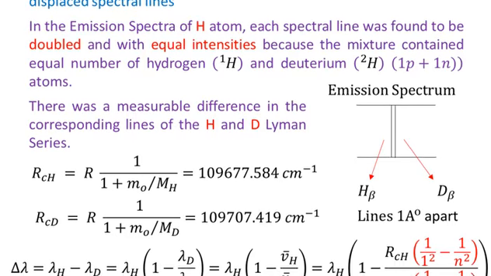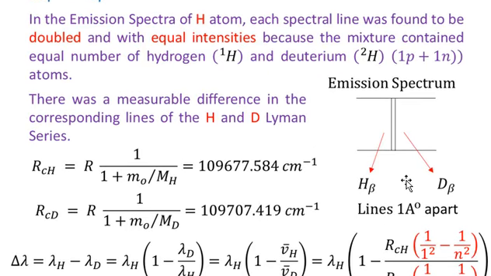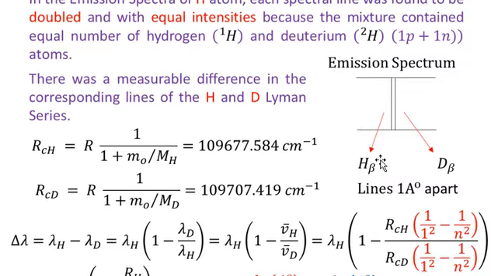So I am going to show you the emission spectrum of the first line of the Balmer series. H beta is actually the first line of the Balmer series of the atomic hydrogen, and D beta is also the same line due to the presence of the deuterium atom there. You will see that in the emission spectrum you will observe two lines side by side.